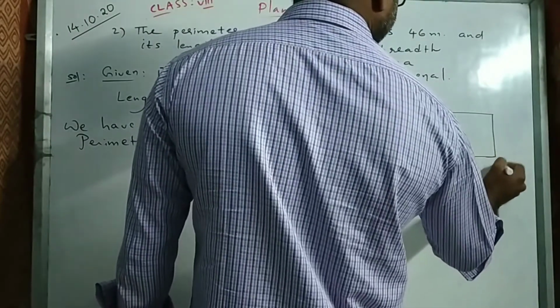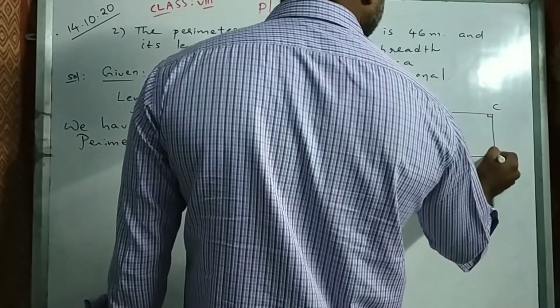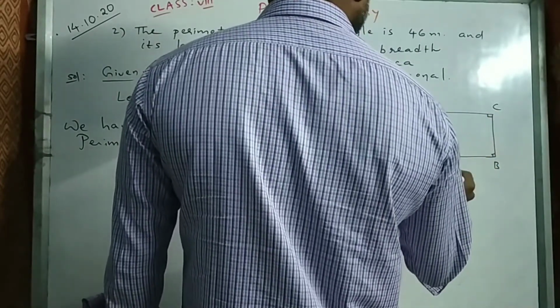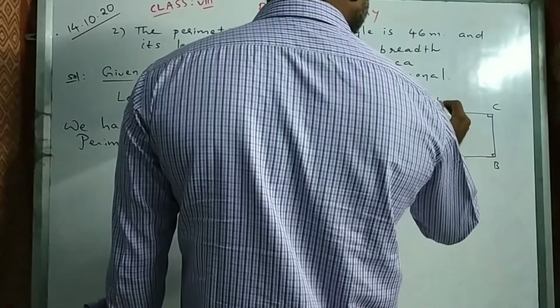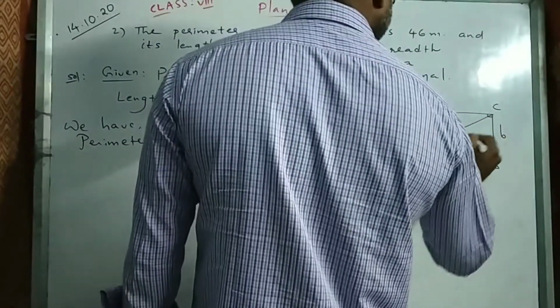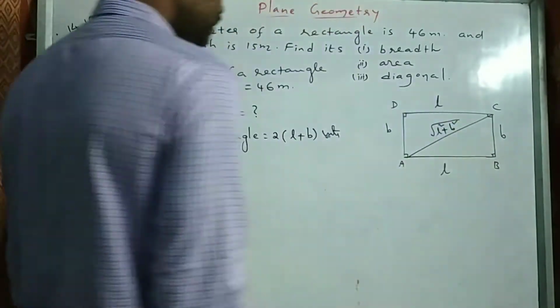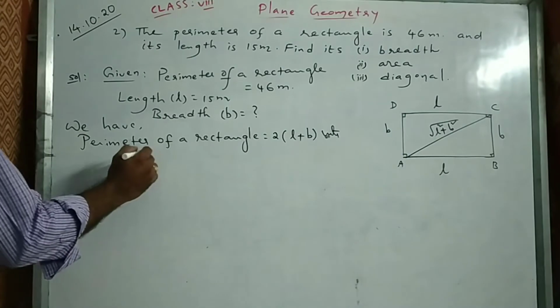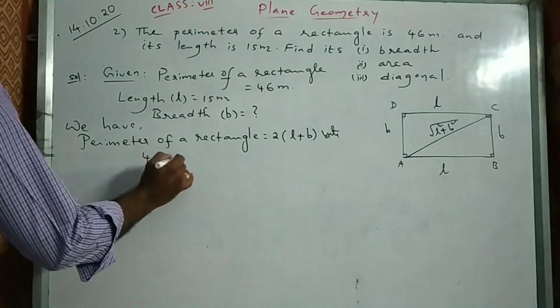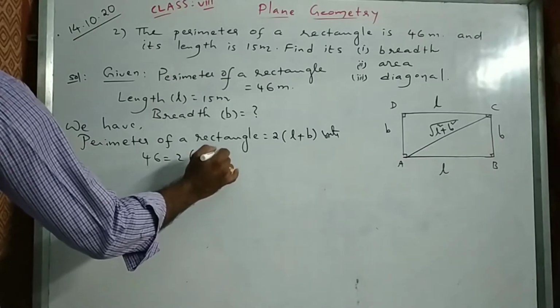A, B, C, D rectangle. Okay. So this is length, breadth. Diagonal is this, square root of L square plus B square. Okay. Now what is perimeter here? 46 equal to 2 times. What is the length here? 15 plus breadth I don't know.